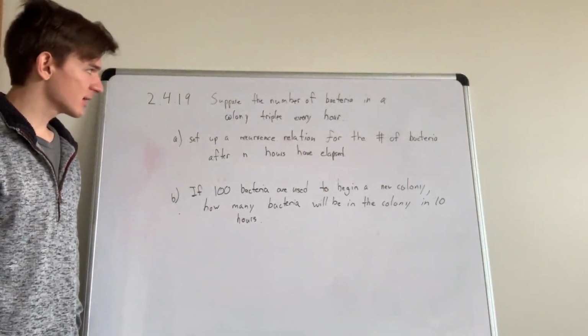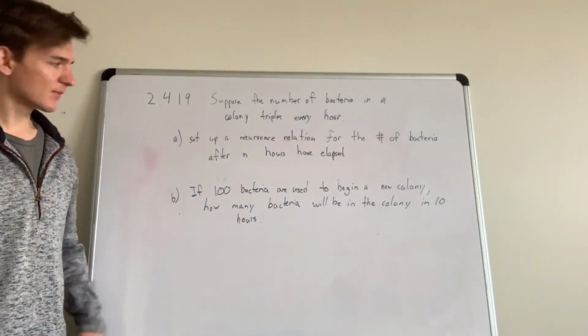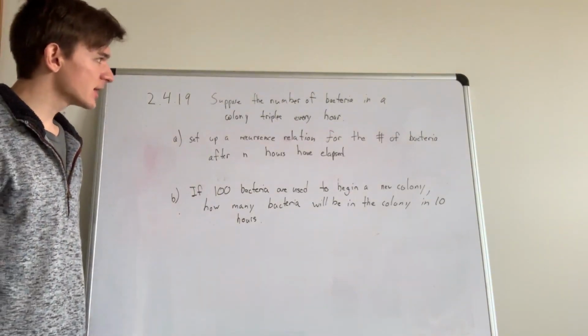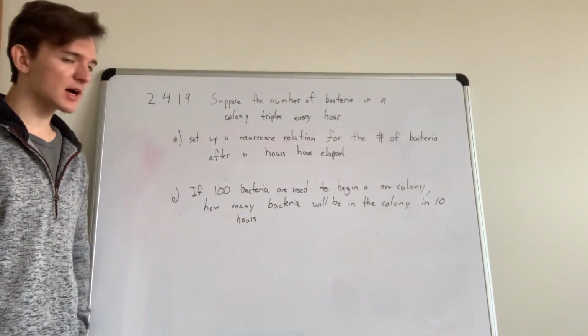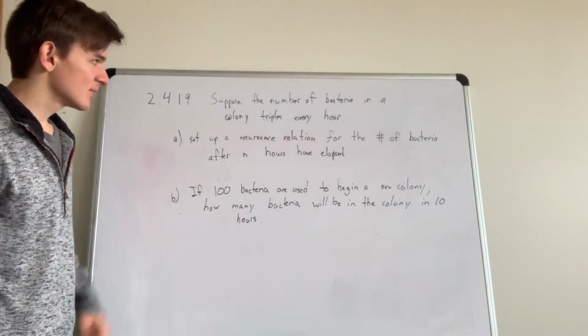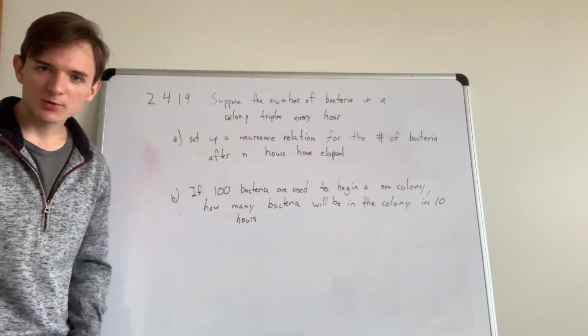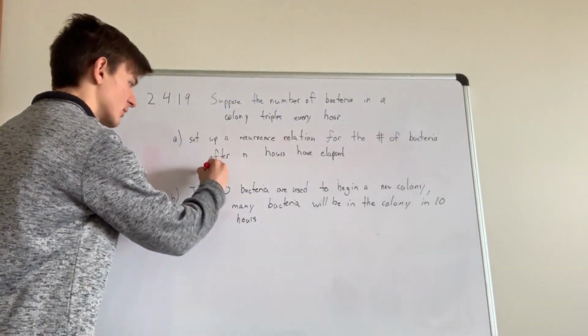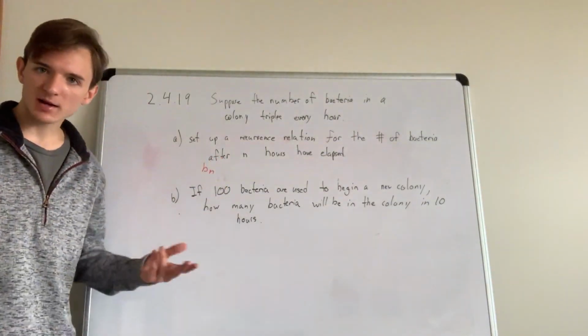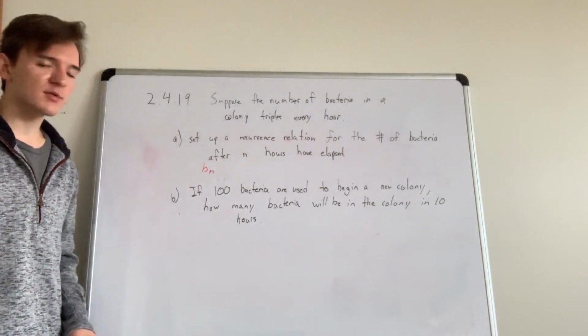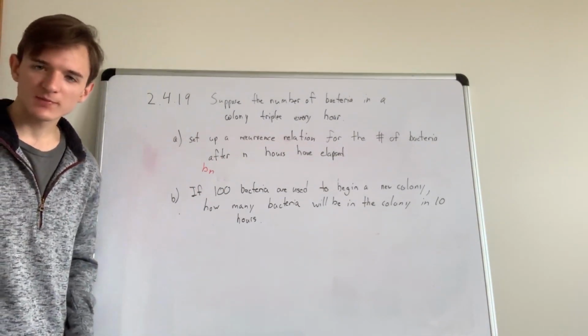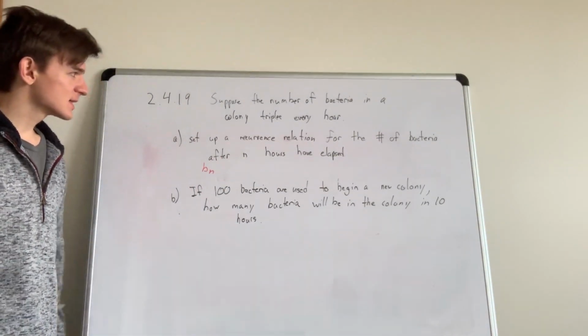Suppose the number of bacteria in a colony triples every hour. Part A says, set up a recurrence relation for the number of bacteria after n hours have elapsed. So we just want to set up a recurrence relation. We know a recurrence relation is defined as B of n, right? B of n being the number of bacteria, and n being the number of hours which have elapsed. It's pretty easy.